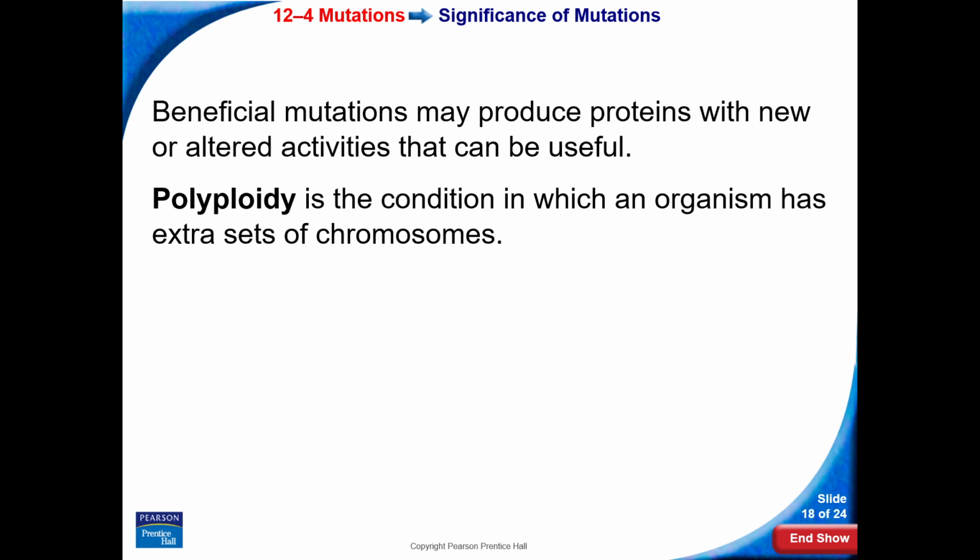A good example of extra chromosomes might be in a sex-linked situation, where you have an extra X chromosome. XXY is something that's called Klinefelter's male, and it causes very definite physical changes in the male.